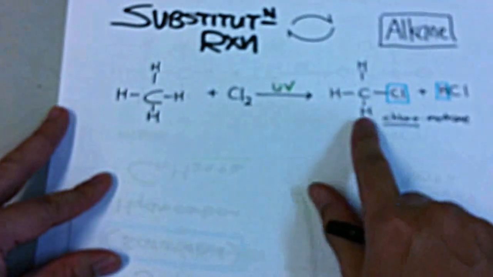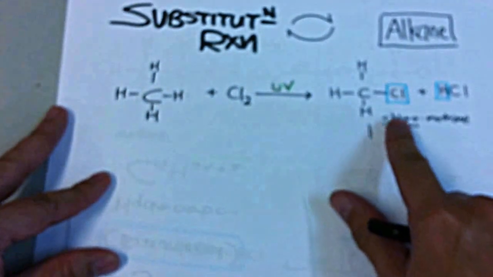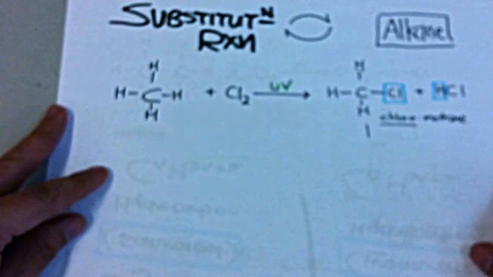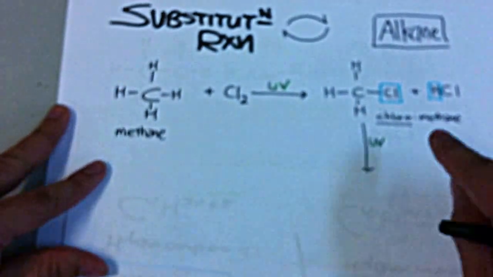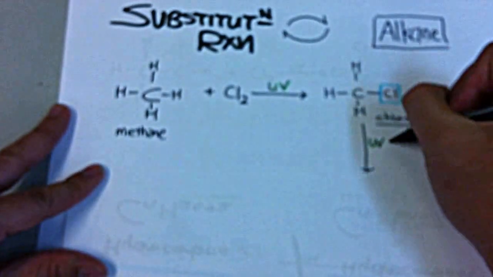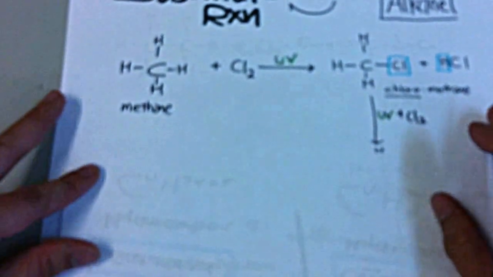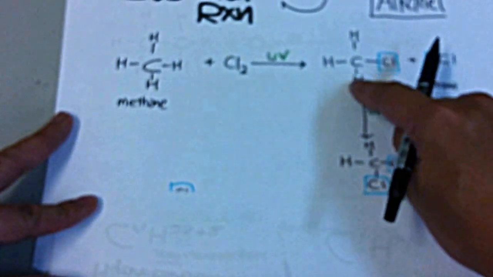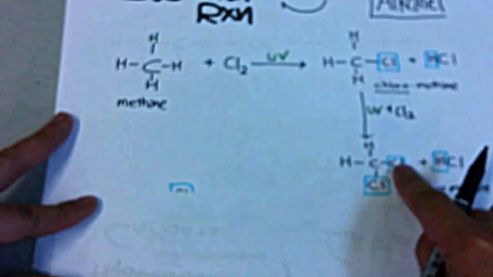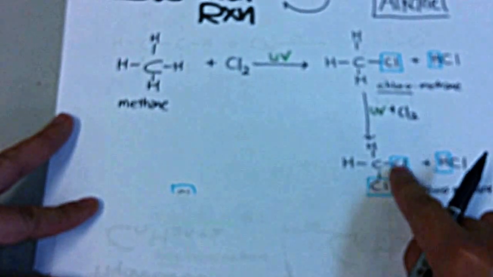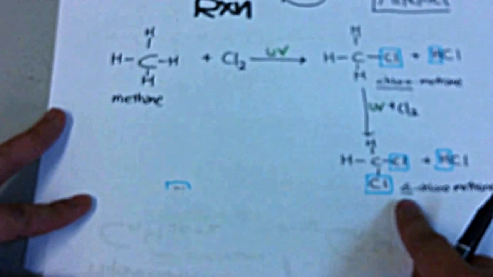Now, can this chloromethane undergo further substitution? Yes. Expose this to UV and more chlorine gas, then what happens? Another hydrogen and chlorine get substituted. It goes through substitution, and now you get two chlorines, and because there are two chlorines, the name changes, and we call it dichloromethane.